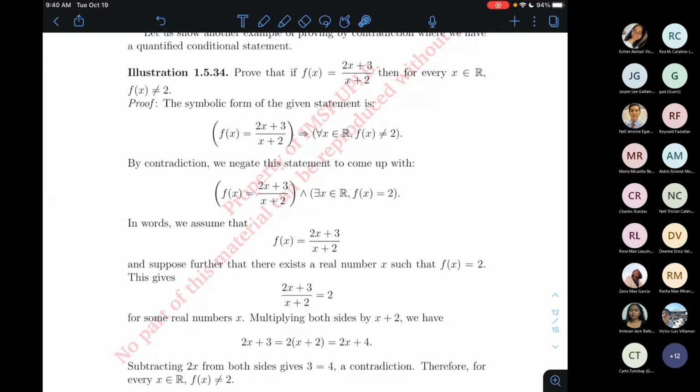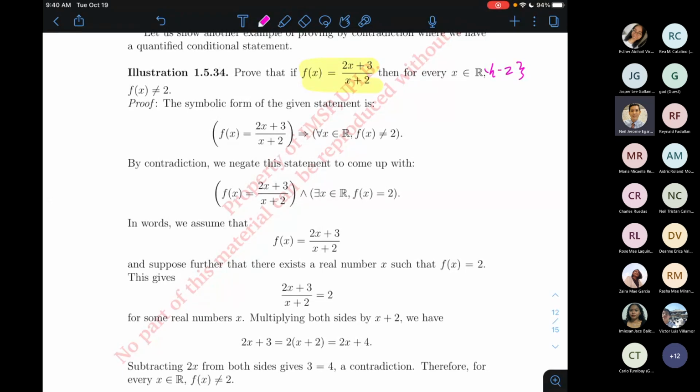Okay. Now let's see. So part of the premise, f of x is the function (2x + 3)/(x + 2) for any x in R. Mukhang may konting problema yung theorem. For every x in R minus {-2}. Hindi pwedeng maging -2 si x kasi magzi-zero yung denominator. So pakidagdag siya sa assumption.